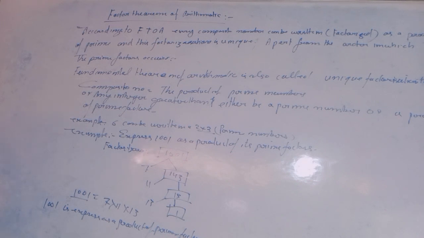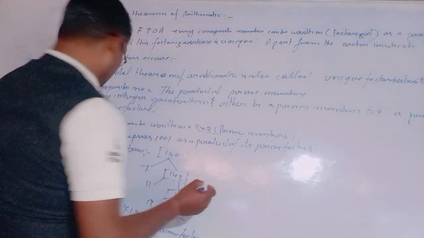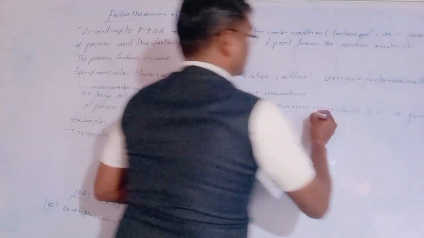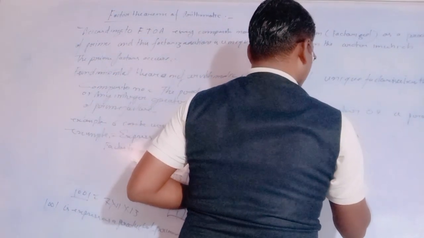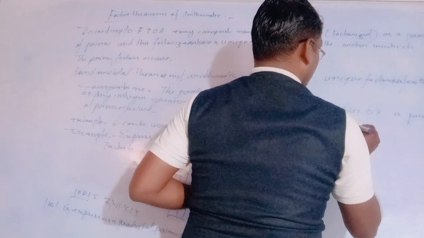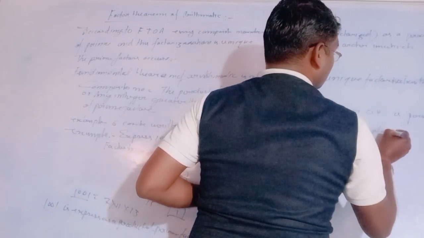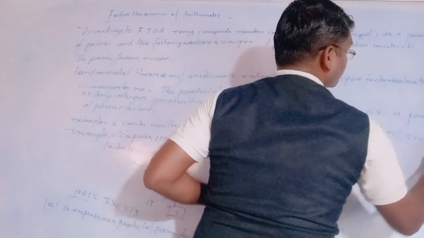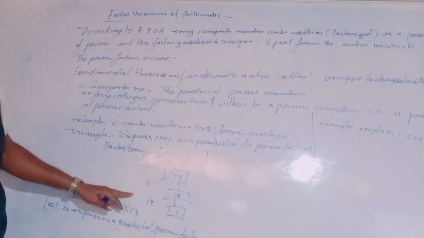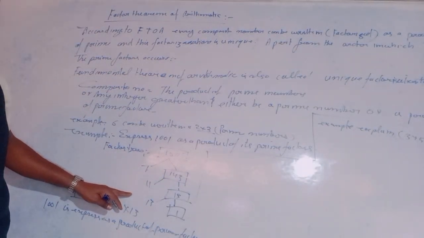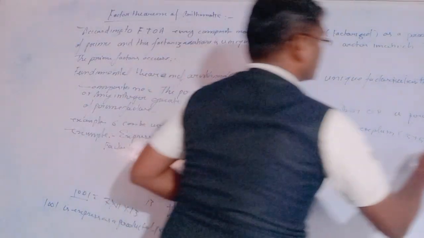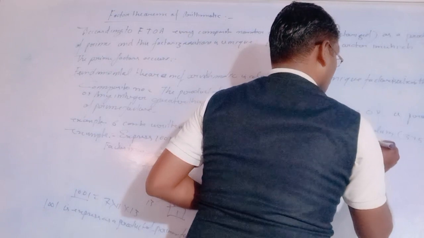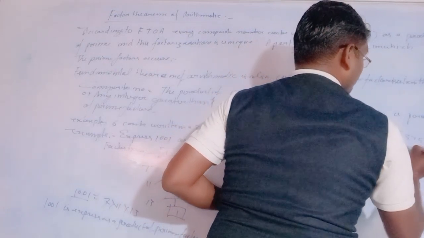Suppose we take another example. Explain why 3 into 5 into 7 plus 7 is a composite number.